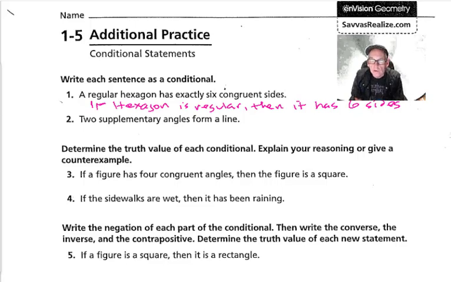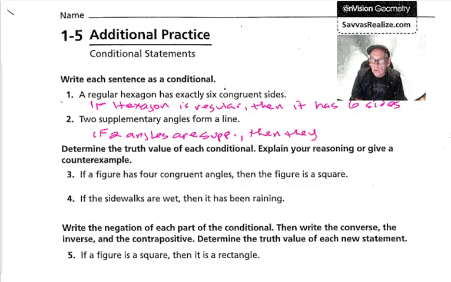Two supplementary angles form a line. If 2 angles are supplementary, then they form a straight line. They form a line. That would be that one.